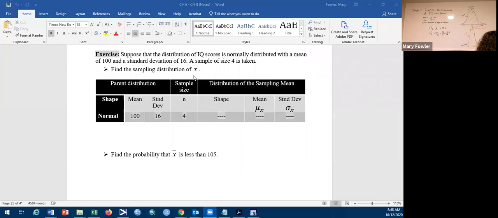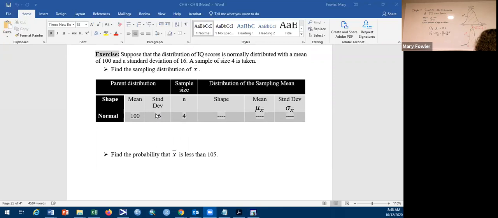Find the sampling distribution of X bar. That's another way of saying find the distribution of the sample mean. And we're going to try to fill in this table here. So we see that the parent distribution is normal, with a mean of 100 and a standard deviation of 16, and the sample size is 4.